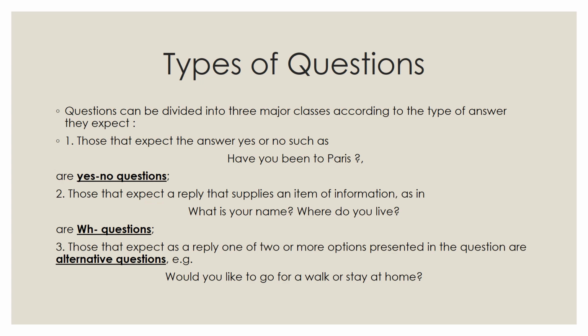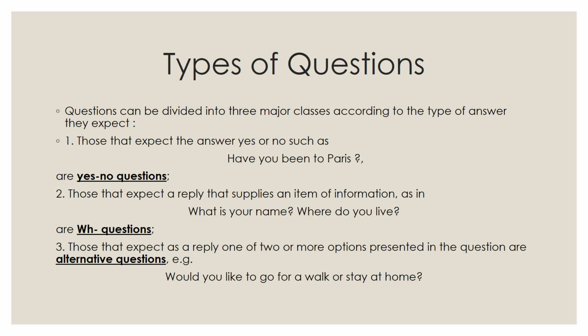For example, if we ask, what's your name? Where do you live? How old are you? We expect that the listener is going to answer them in complete sentences in which he is providing us with the information that we need.